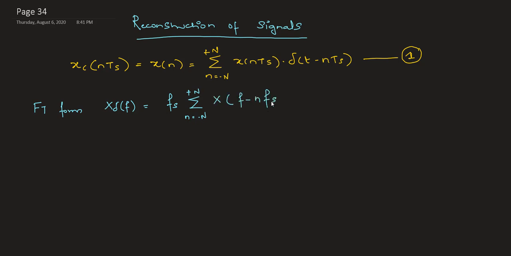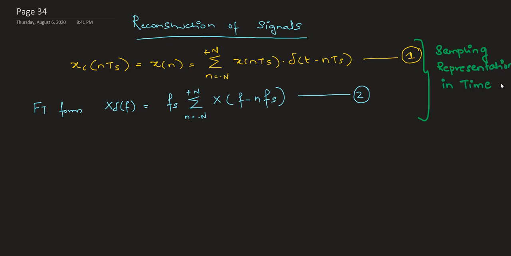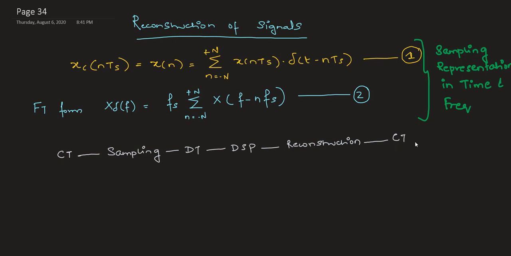Good. So now we have these two fundamental equations, the time domain sampling and the frequency domain sampling representation. And now the reconstruction takes these equations. Reconstruction works with either x of n or x delta of f, and then it produces X of f or xc of t.